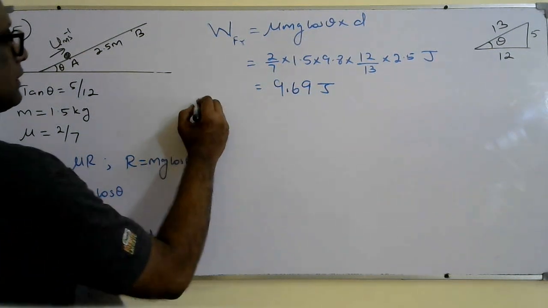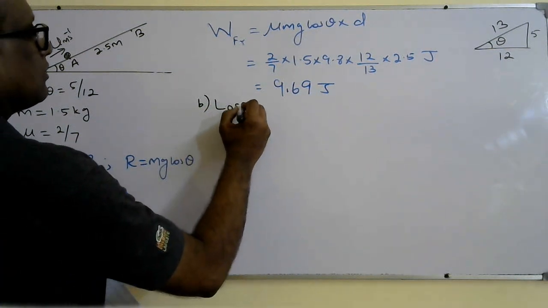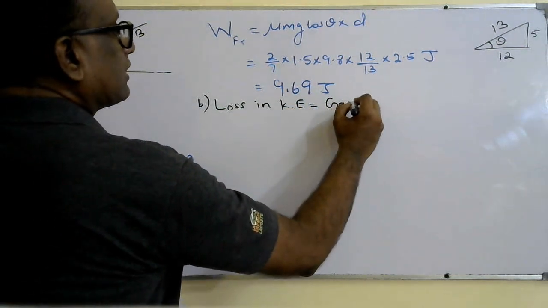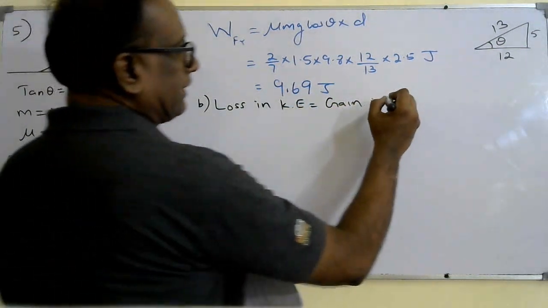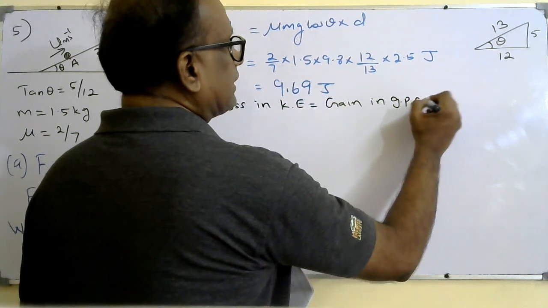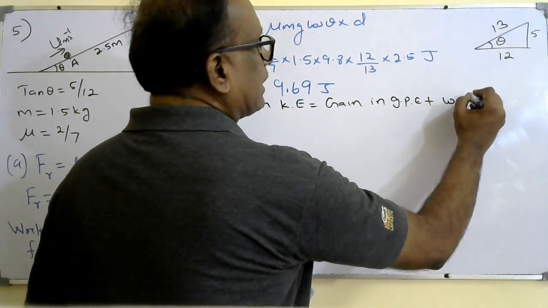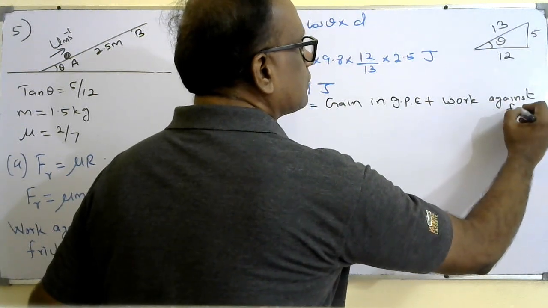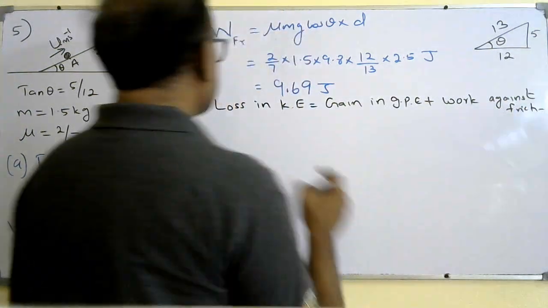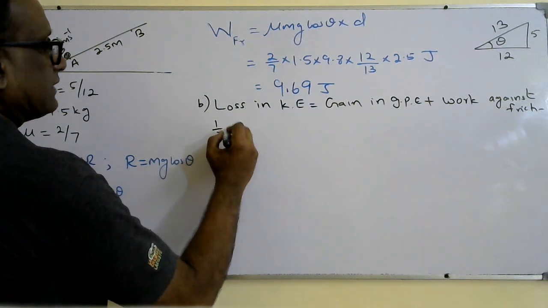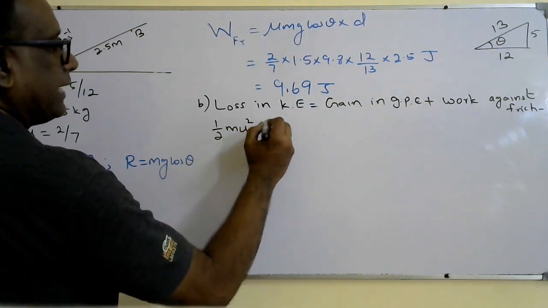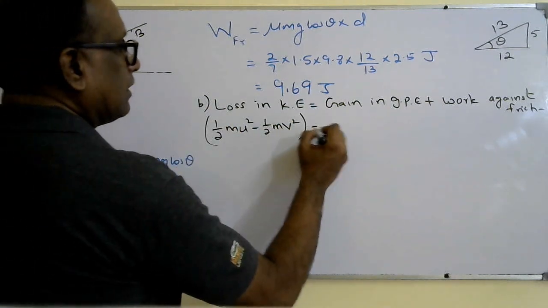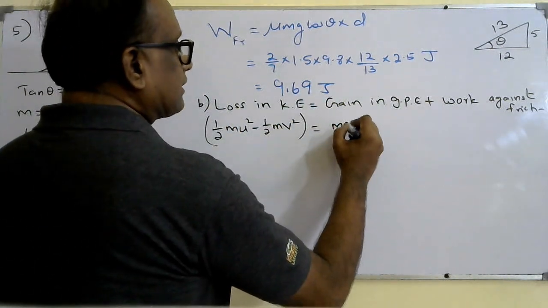So B part: loss in kinetic energy equals gain in GPE, gravitational potential energy, plus work against friction. Loss in kinetic energy is initial kinetic energy, half m u squared minus half m v squared, and v is 0, they are telling it. Gain in GPE is mgh.